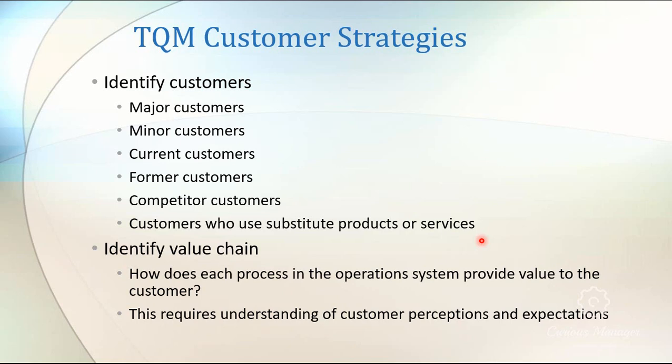You know, what are delighters? How can we add some delighters in to make them like our products more? Because if they can get the same level of satisfaction from a substitute product, then your leverage to charm the customer into buying your product is definitely decreased.